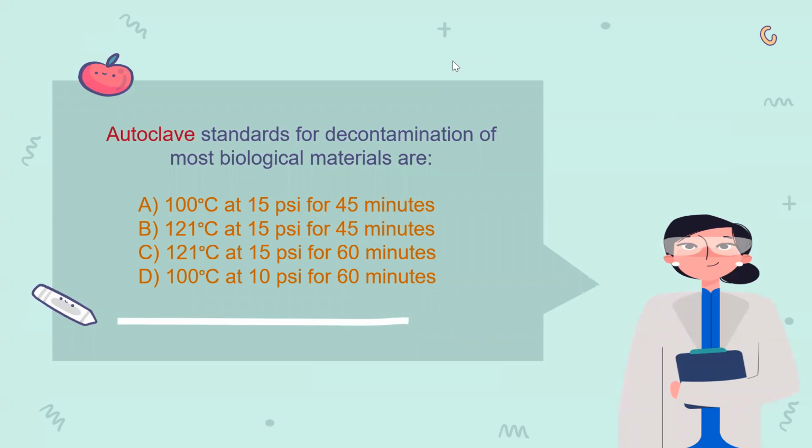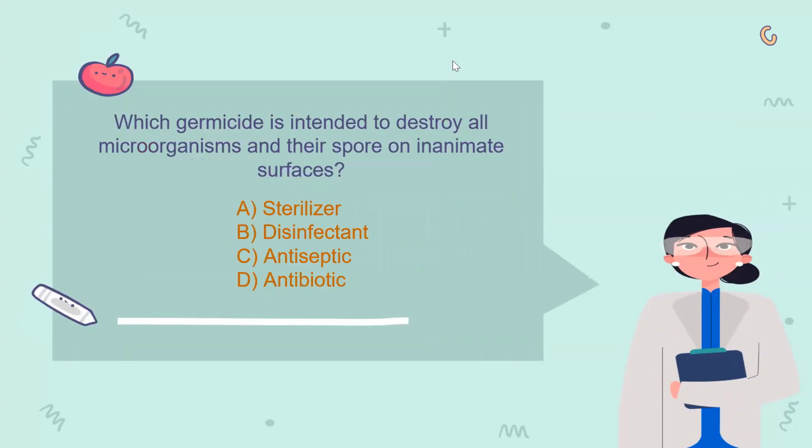B, 121 degrees Celsius for 45 minutes. C, 121 degrees Celsius for 60 minutes. And D, 100 degrees Celsius for 40 minutes. The last question: which germicide is intended to destroy all microorganisms and their spores on inanimate surfaces? A, sterilizer, B, disinfectant, C, antiseptic, and D, antibiotic.